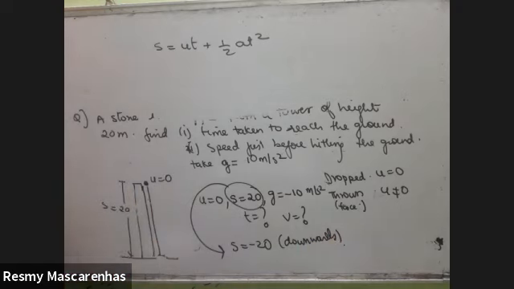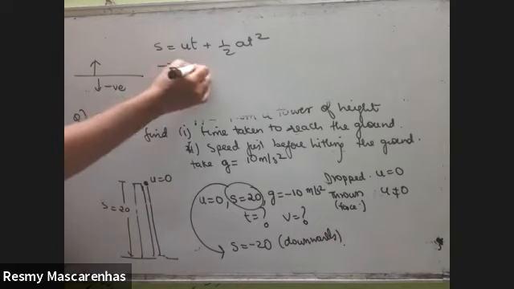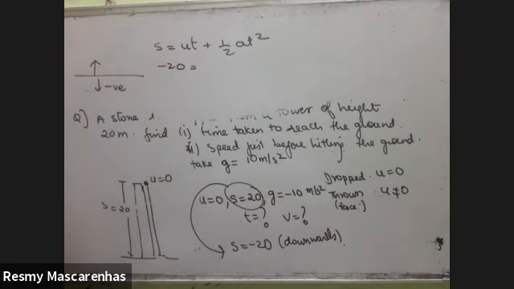I told you, distances downward will always be negative. So take s as minus 20. If you take plus 20, it will be wrong.